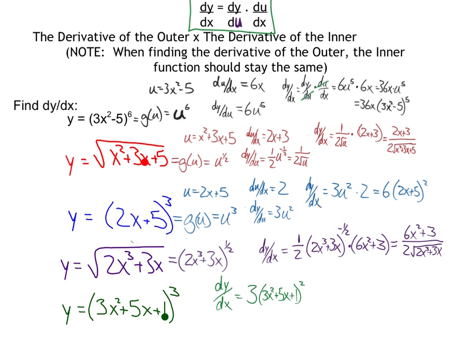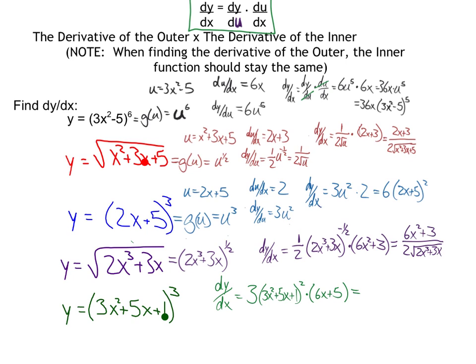Now what do I need to do? Find the derivative of the inside. So it's going to be times 6x plus 5. Great, 6x plus 5. We can do a little bit of simplifying here. Since that 6x plus 5 is just to the first power, I'm going to go ahead and distribute the 3 to it.